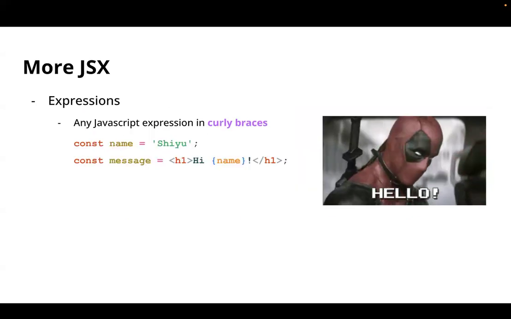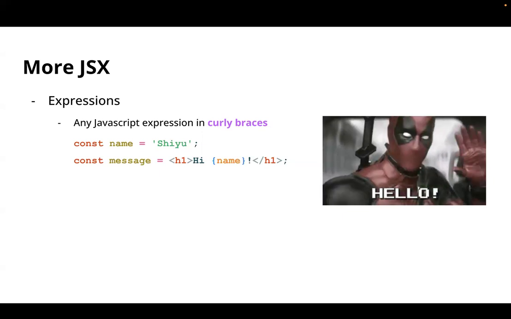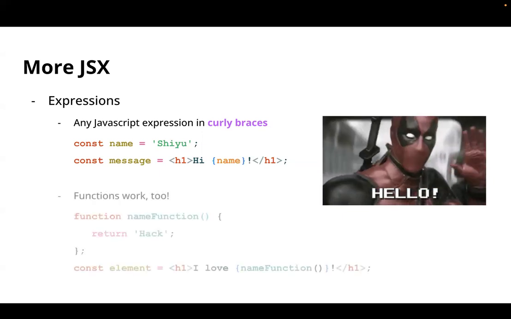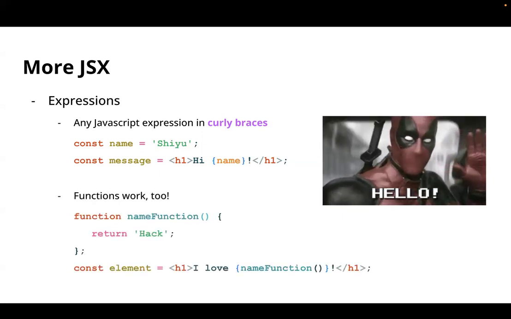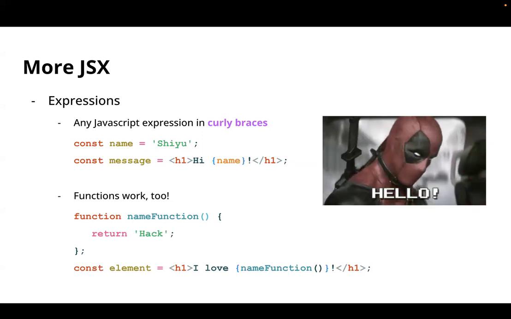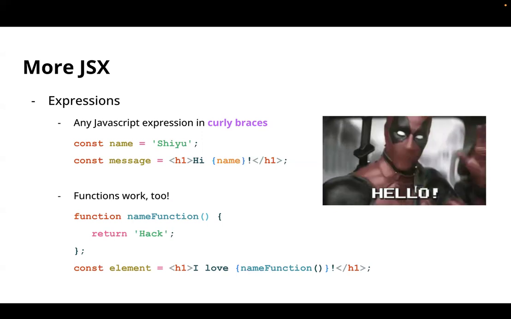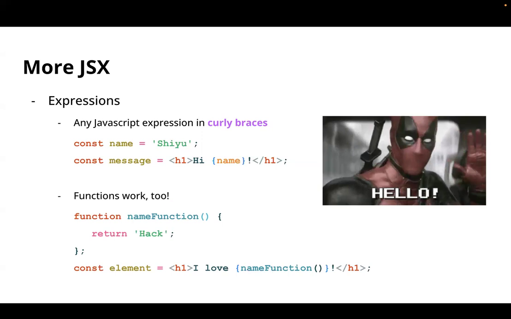So I know this is not super pleasing, but we have more JSX coming up. I promise this is going to be really short because there isn't much JSX that we're going to need. But something that we do need is this very special representation of expressions inside JSX. In the first example, you'll see that I have two variables set up. The first variable is called name, and it is set to my name, Shiyu.